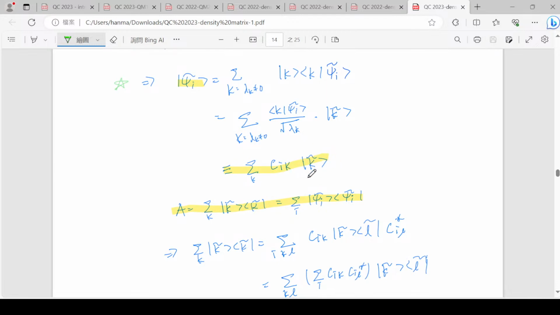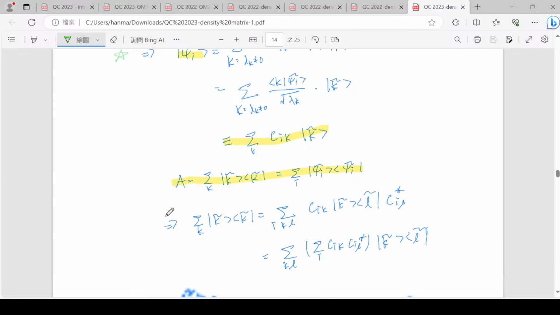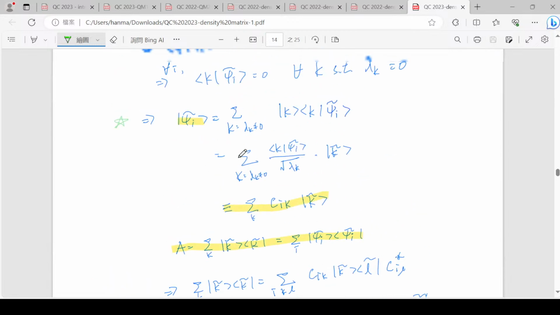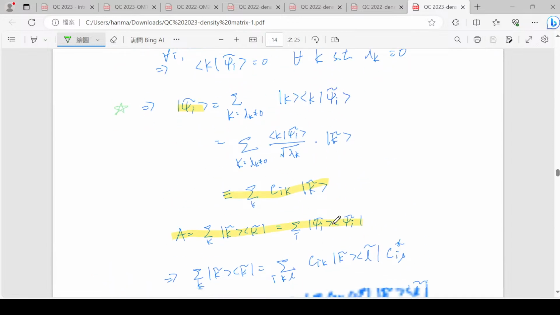That should be possible. So psi_i tilde equals the summation over k of C_ik k tilde, for some unknown C_ik. And then finally we start going back to this k tilde density matrix being equal to this psi tilde density matrix, with this expression of psi_i.